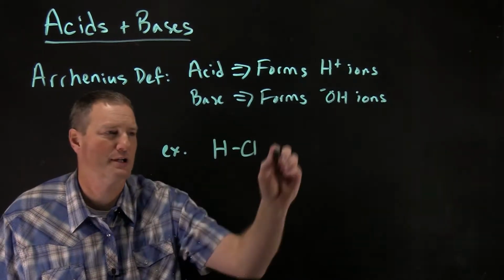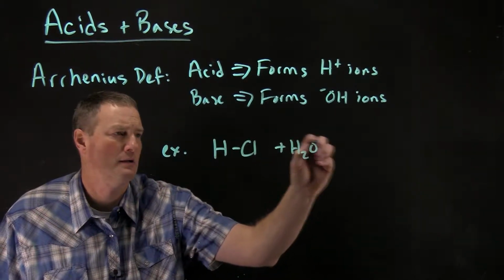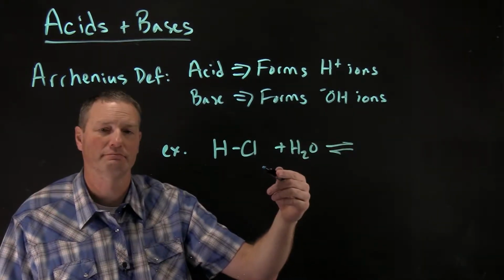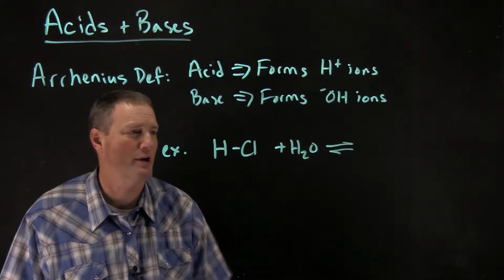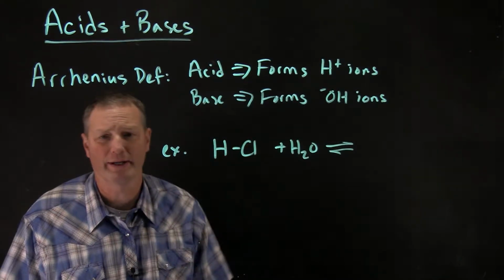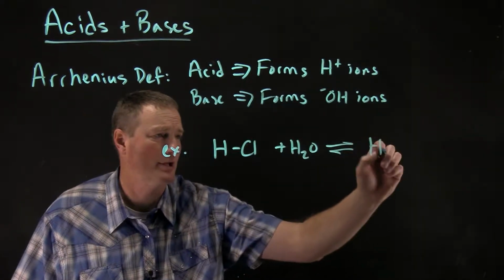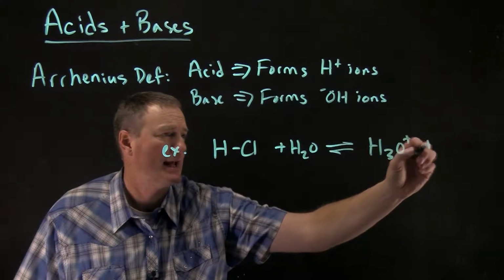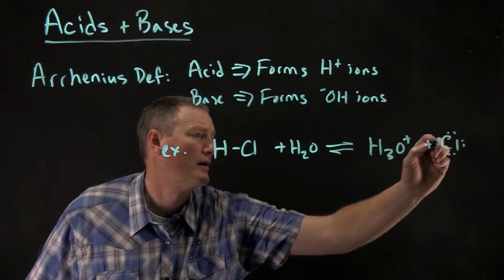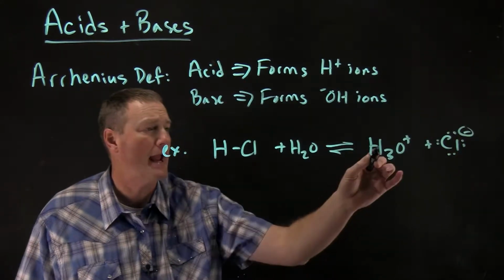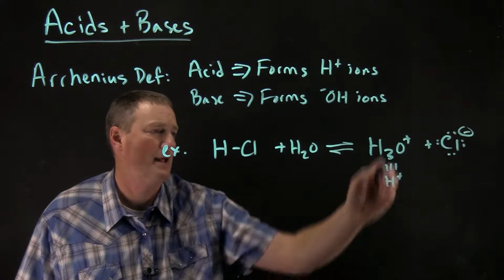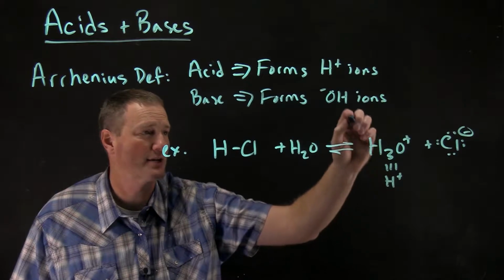When HCl is put into water, there is basically an equilibrium reaction that will occur that will allow the hydrogen of chlorine to come off, and typically it forms hydronium, H3O+, and then you get Cl-. Now H3O+ essentially is equivalent to H+. Just to define this, H3O+ is called hydronium ion.